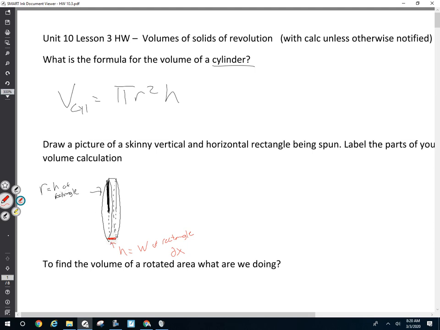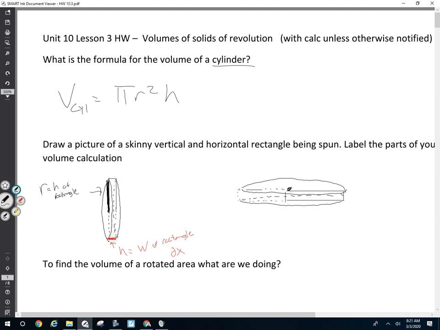Now if I take a skinny horizontal rectangle and spin this, see, its reflection is coming over here. And you got the top here, the bottom. It's the same deal.